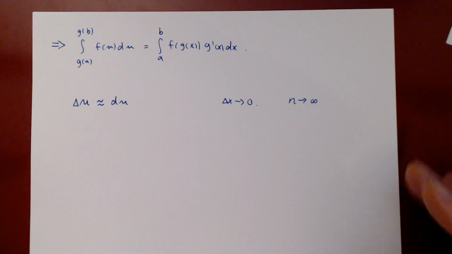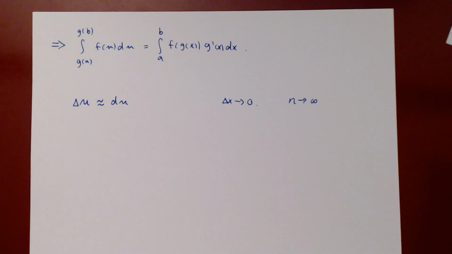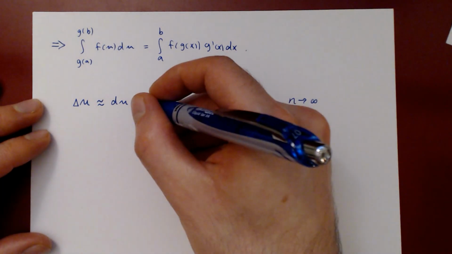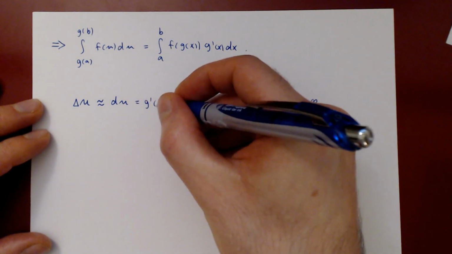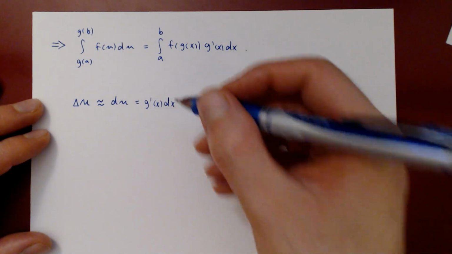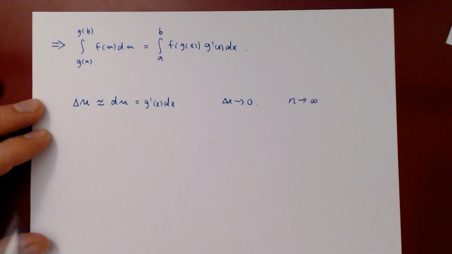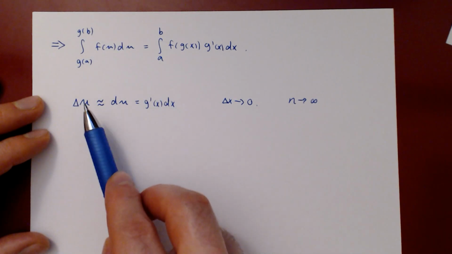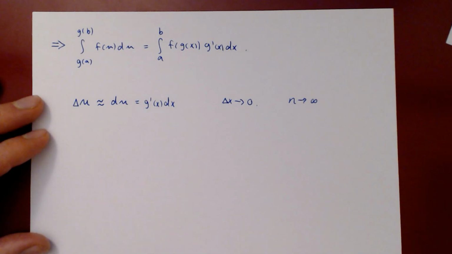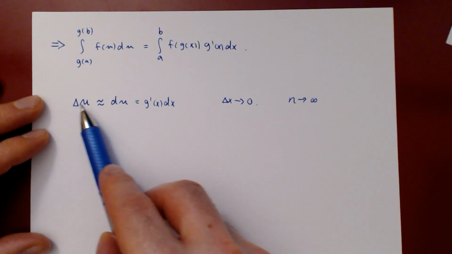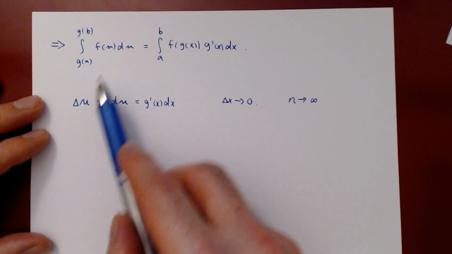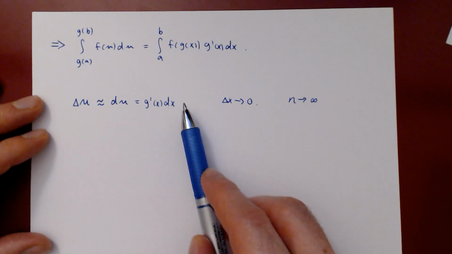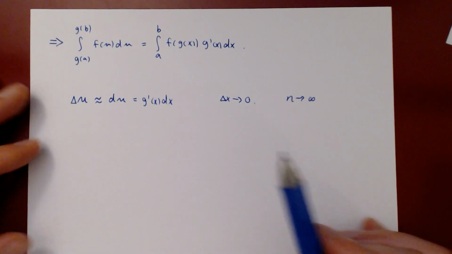So hopefully this shows that when it comes to integrating and making a substitution, the notion of differential is legitimate. And again, all it says is the differential is the linear approximation of the exact change in the function, and so when it comes to the size of the intervals of the new partition, it is enough to estimate them by the linear approximation being the differential. And that's it.